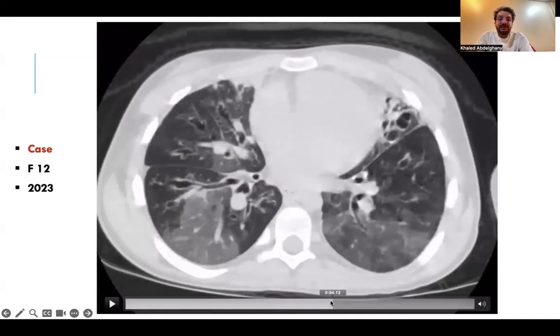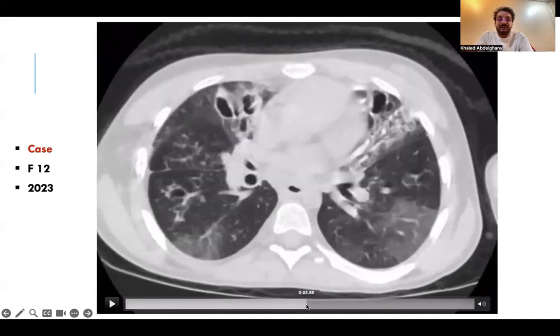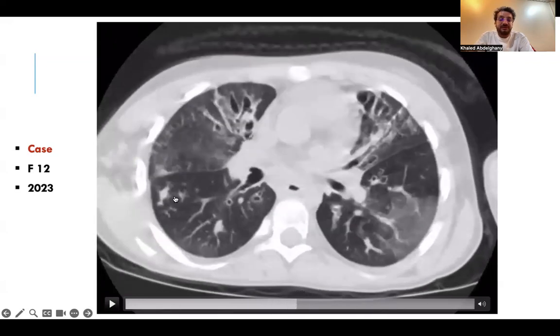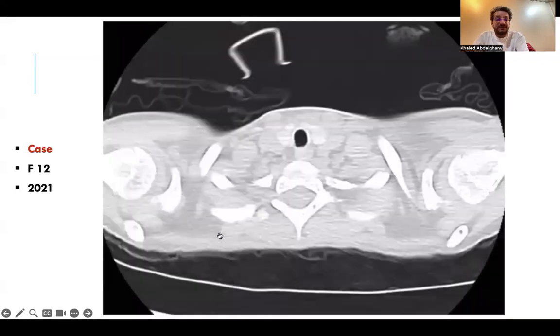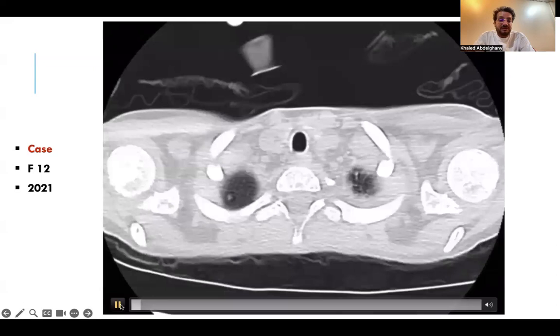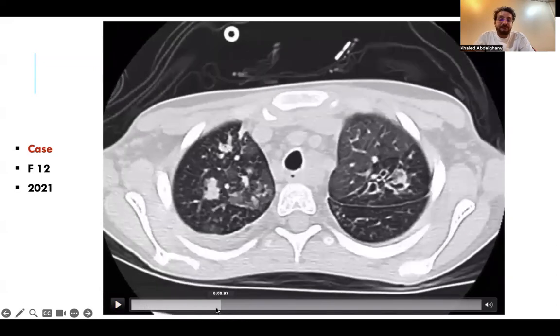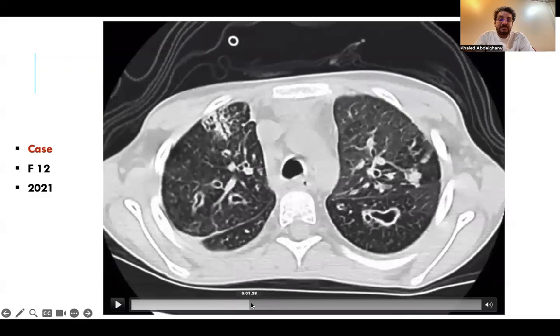But mucus plugging here is less than in the 21 scan, and here are examples of the mucus plugging. Let's revise 21 again, the mucus plugging. Here you can see more mucus plugging. Here as well in the left upper lobe.